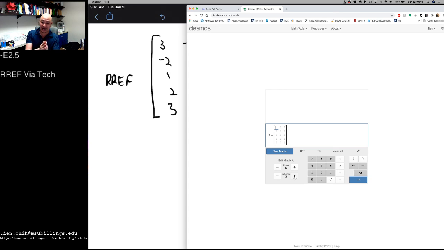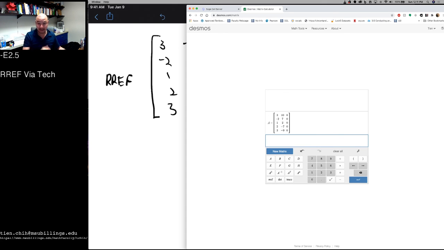So here I have a 5 row, 3 column matrix, and let's go ahead and throw in our entries: 3, negative 10, 0, minus 2, 7, 0, 1, 2, 0, 2, negative 7, 0, 3, negative 9, 0. If I hit enter, that records the matrix.